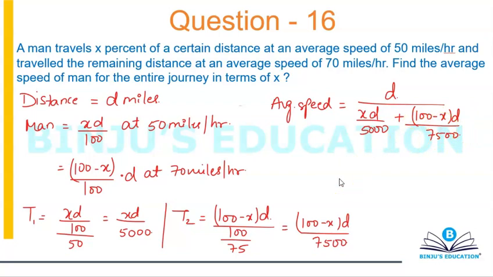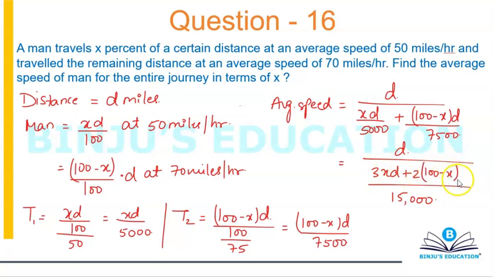Now 5000, 7500, so I think we can take the LCM as 15,000. So this is D divided by 15,000. This will become 3XD plus 2 into (100 minus X) into D. Okay, so I'll cancel this D first of all.